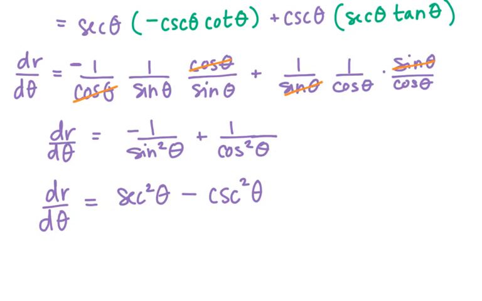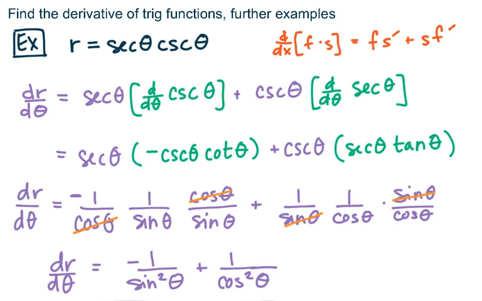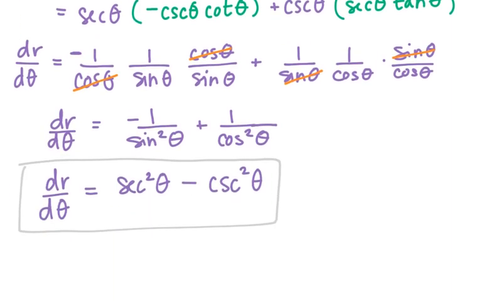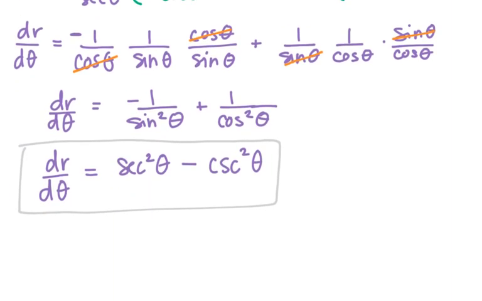And this is really as far as we can go with this problem. So my derivative here for secant theta times cosecant theta is secant squared theta minus cosecant squared theta. And looking at that, I think, well, do I know any identities? That looks like it could be related to a Pythagorean identity, but it's not, so we can't simplify any further.